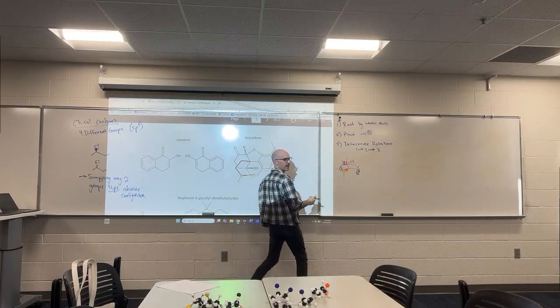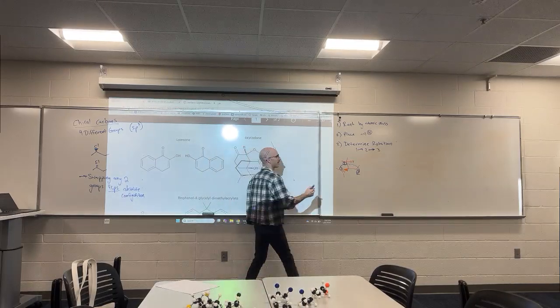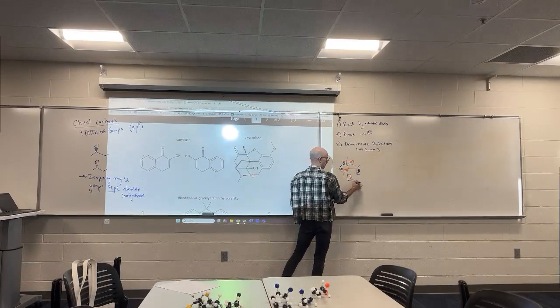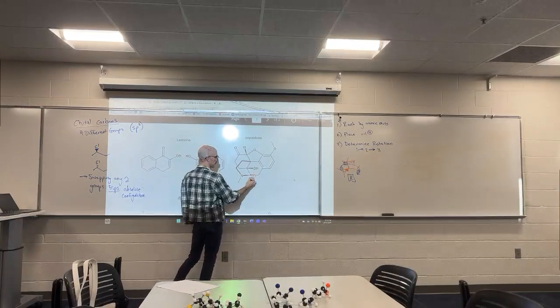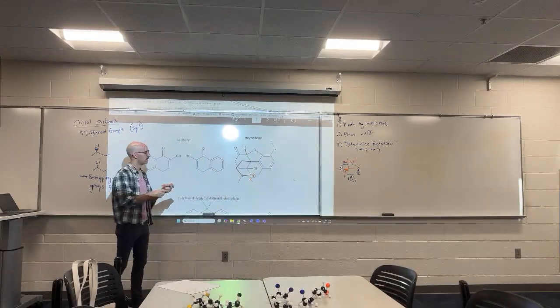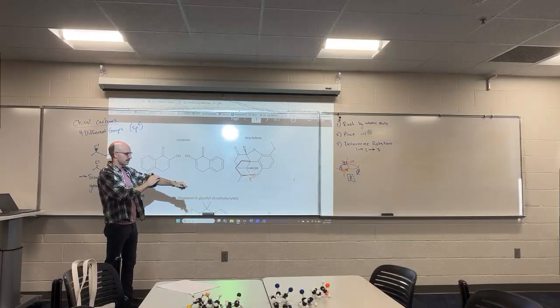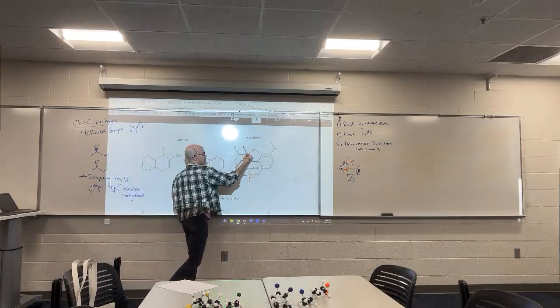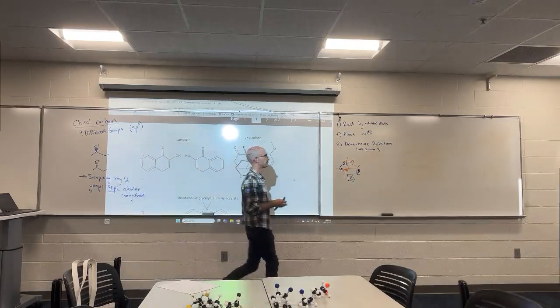Carbon 1 has what configuration? R. That's the top half of an R. That's how I like to remember it anyways. Okay, I gave you this tip towards the end of yesterday, which is tip 1.